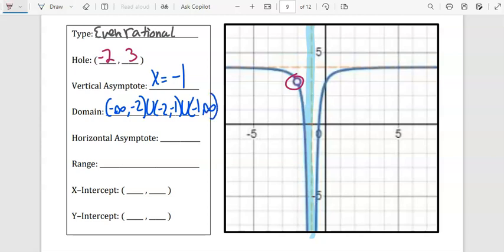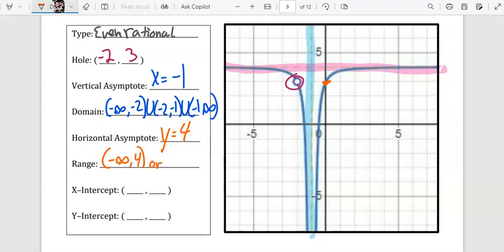For the horizontal asymptote, it would be right here at y equals 4. And then the range would be anything below 4 except for this hole, but if you look at it, it actually is in the range right there, so it's just all real numbers less than 4. Negative infinity to 4.